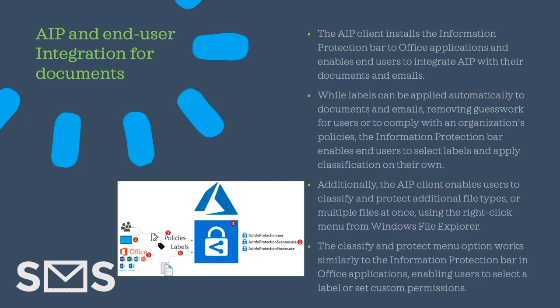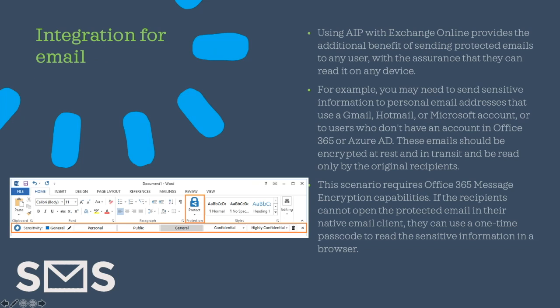Great. And can I integrate my email into this process to make that secure? Yeah, so one of the other features of AIP is the email encryption service, and all that does is allow you to protect emails with labels.